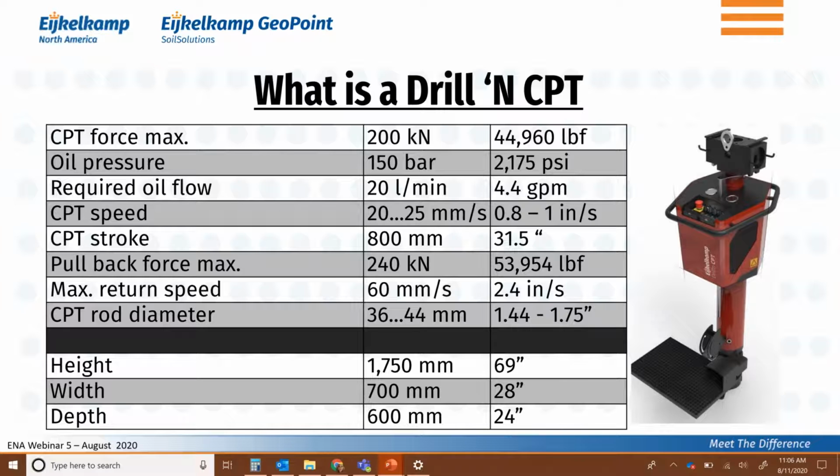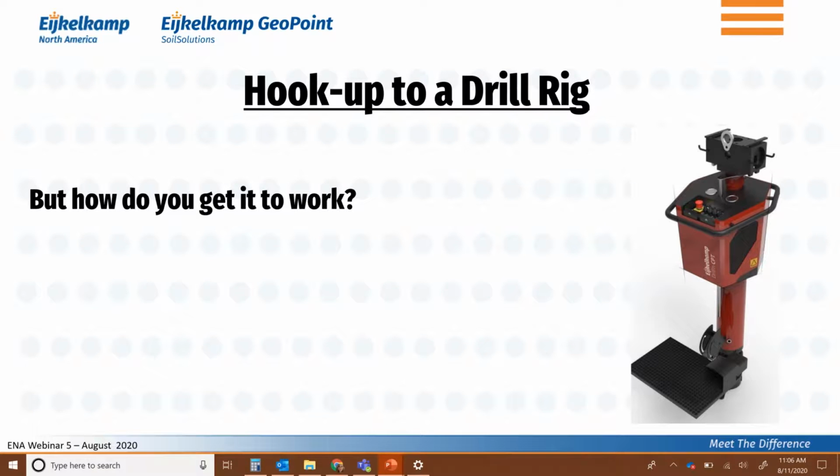This one has a little bit smaller stroke, so that means that you have to move the clamp up and down a little bit more frequently. But other than that, you have a perfectly suitable CPT unit, and you see there the dimensions as well. It's about 70 inches tall, 28 inches wide, so it should fit most CPT units. So Troy, that's what it is.